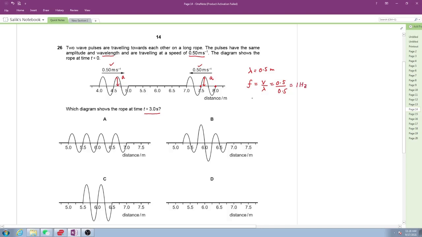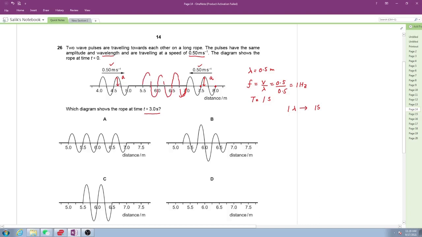And if you find the time period, it should also be 1 second. So it means that for one wavelength the time is 1 second. Suppose we move from this point to here, if I extend this one, this is 1 second.